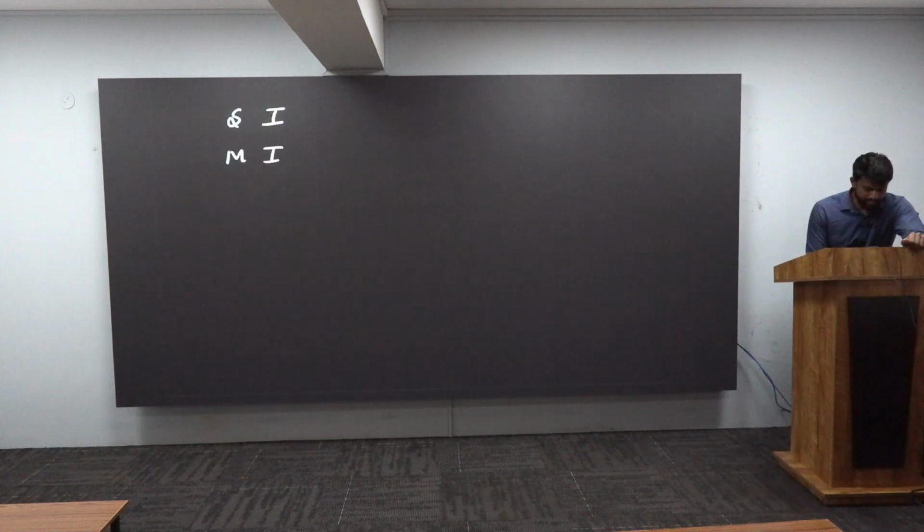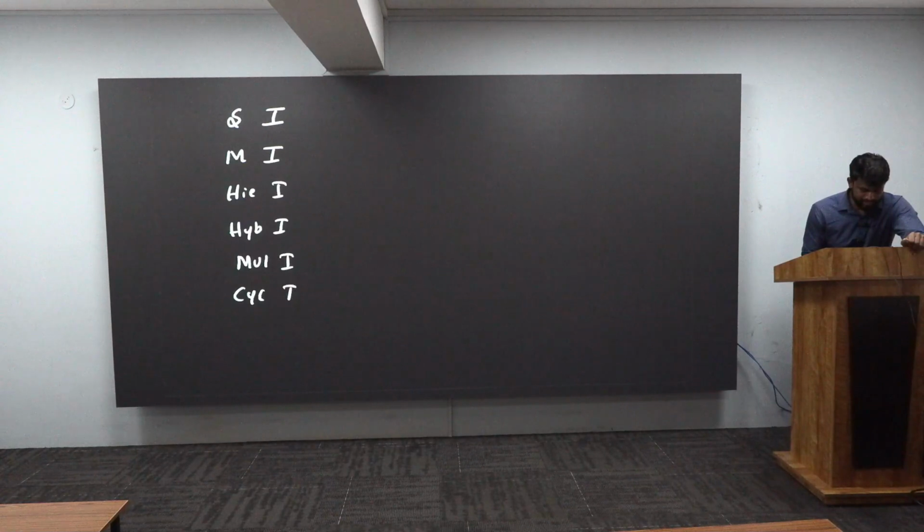If he asks you, can you please explain what is hierarchical? Then you should explain that. Now let me write this and show it to you. Single level inheritance, multi-level inheritance, hierarchical inheritance, hybrid inheritance, multiple inheritance, and after that cyclic inheritance.